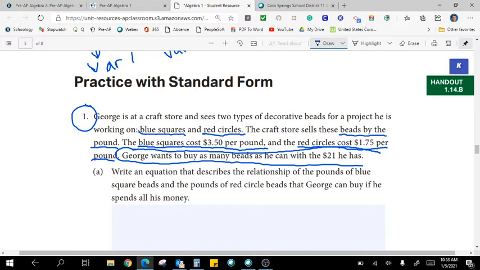It says write an equation that describes the relationship of the pounds of blue square beads and the pounds of red circle beads that George can buy if he spends all of his money. All of his money, $21.